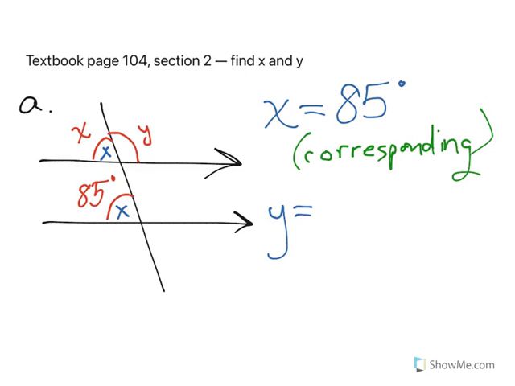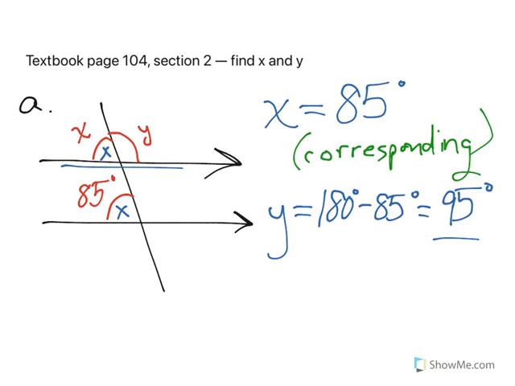Well, we know that this is a straight line, and we know straight lines equal 180 degrees. So, knowing x, we can take 180 degrees minus 85 degrees, and what do we get? 95 degrees, okay?